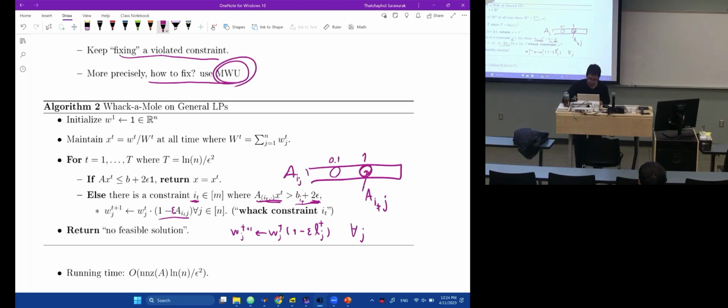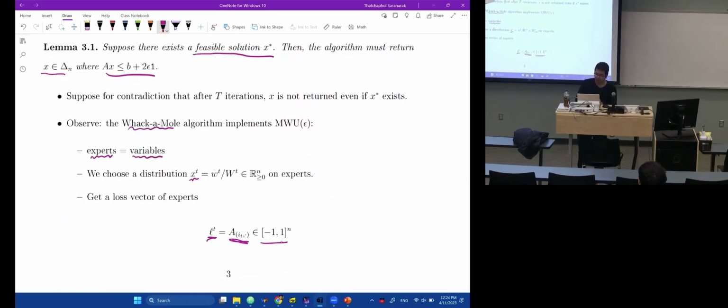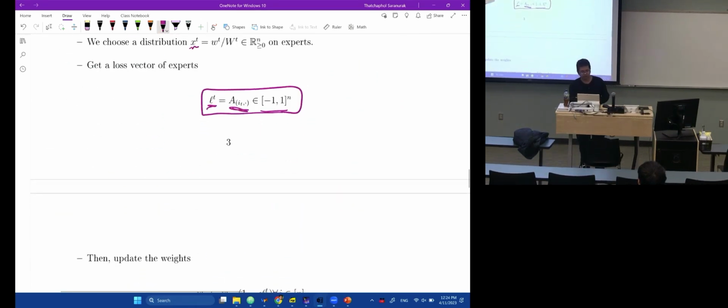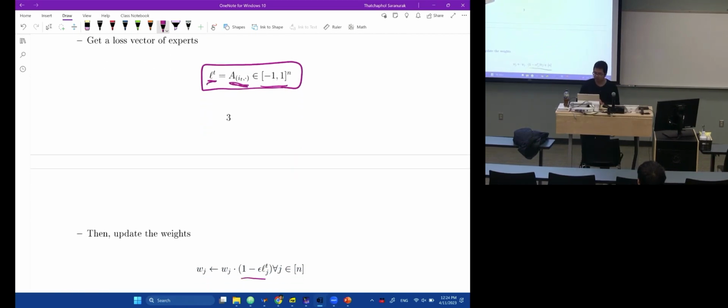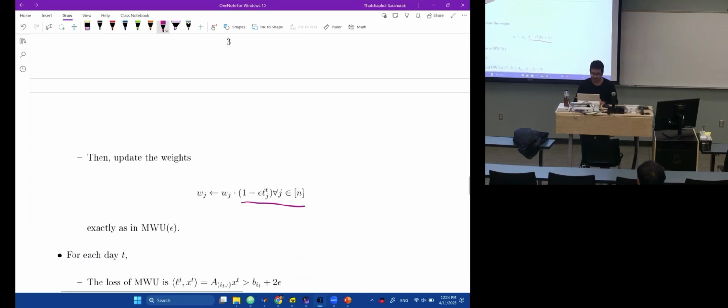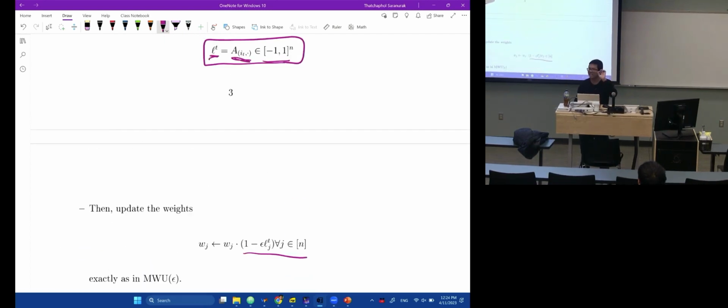So the loss vector is just the i_t-th row of A. Okay, and then we just update the weight like this. Good. So the way we update x_t is exactly how the probability distribution evolves in the weight update algorithm when the loss vector is just the i_t-th row of A.